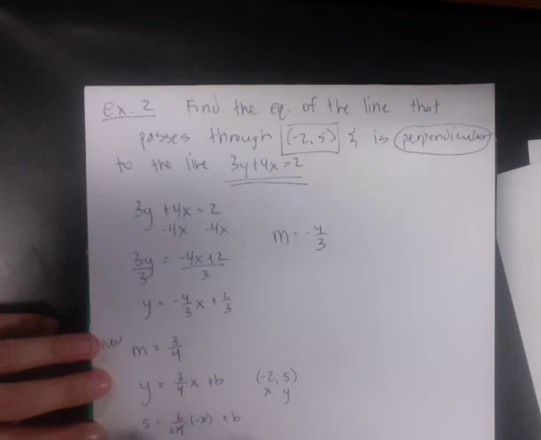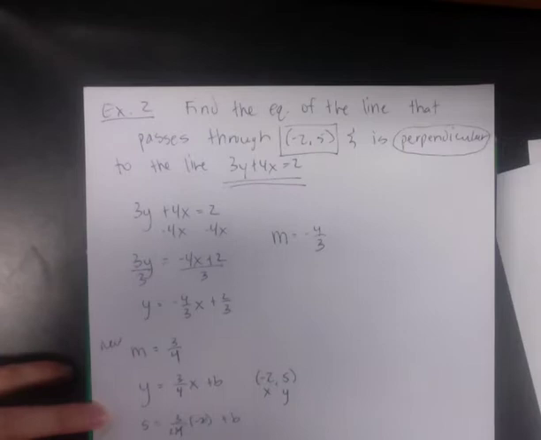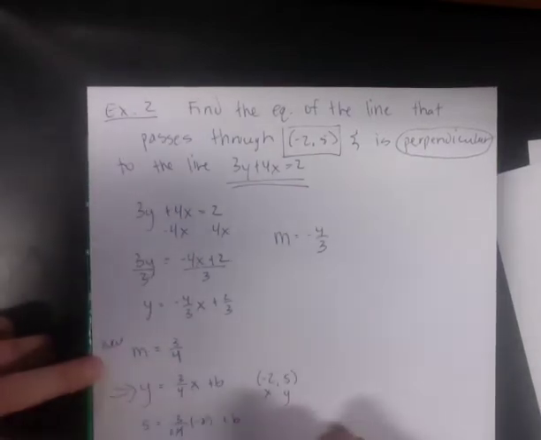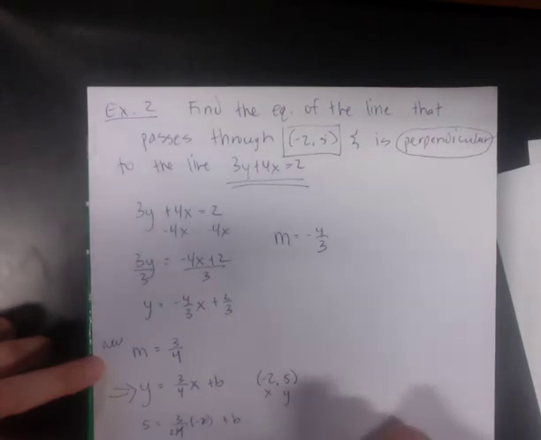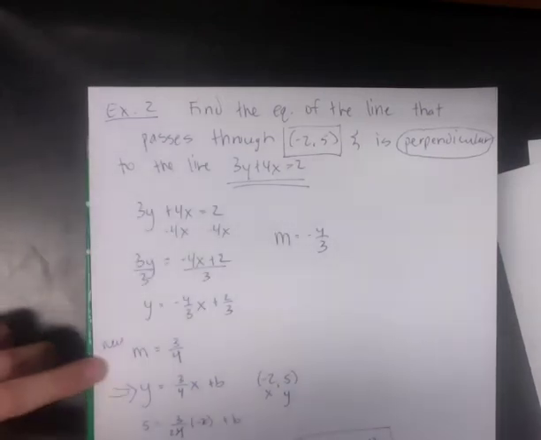So 5 plus 3/2 is b. We can change this into one fraction: 10/2 plus 3/2 is b. So b is 13/2. And I plug it into my equation: y is 3/4 x plus 13/2. That is the slope-intercept form, the equation of a line that passes through (-2, 5) and is perpendicular to 3y plus 4x equals 2.